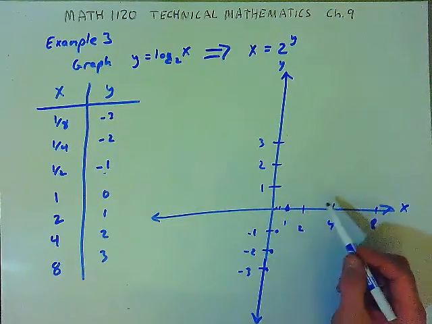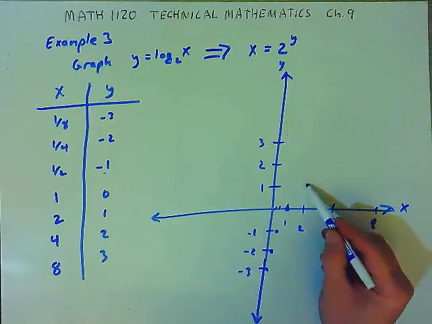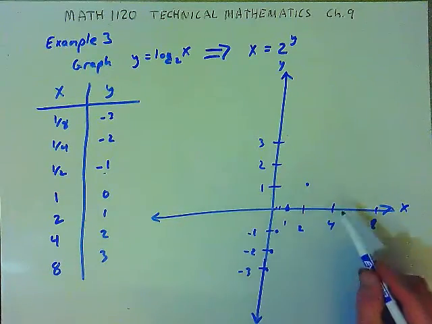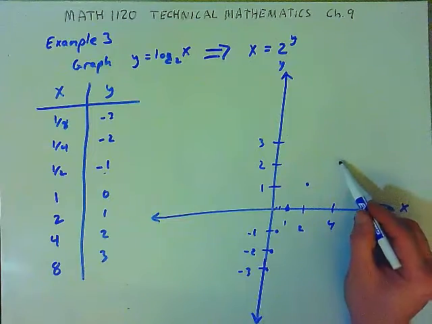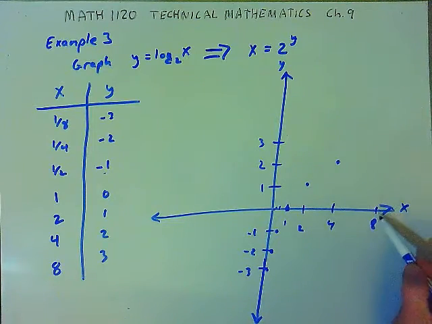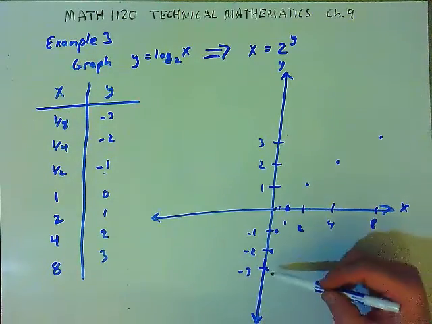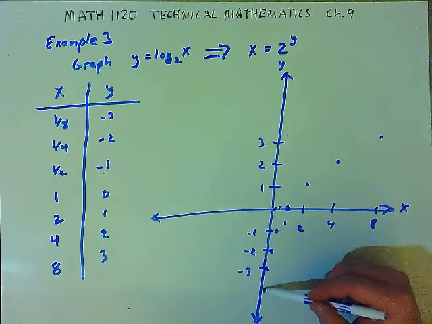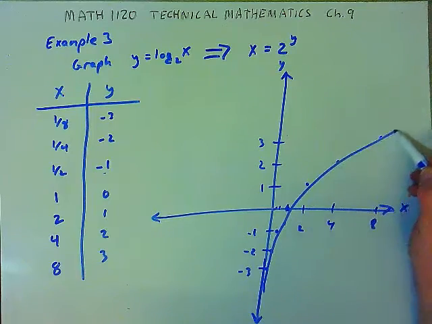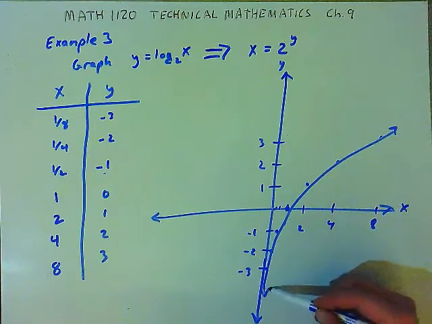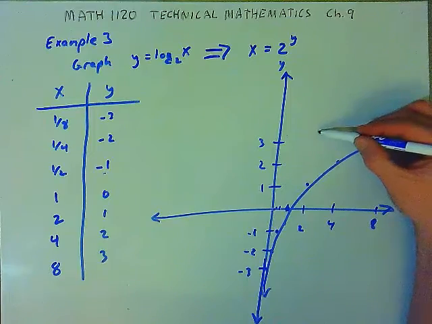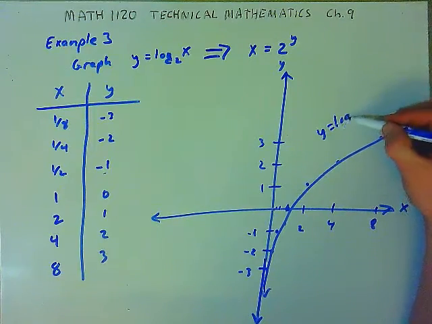When x is 2, y is positive 1. When x is 4, y is 2. And when x is 8, y is 3. So I've just plotted these ordered pairs, and we get a curve that looks something like this. Okay, and this will be the graph of y equals log base 2 of x.